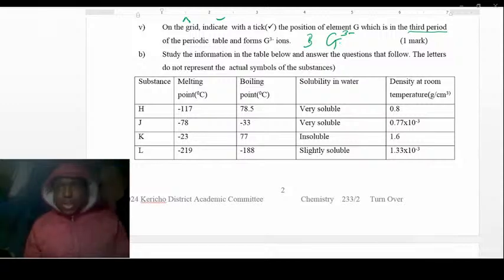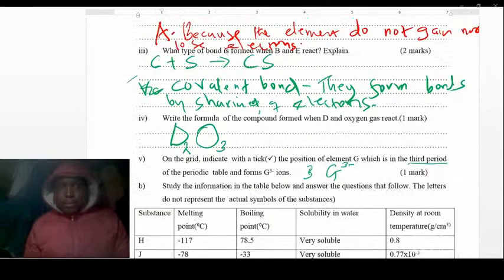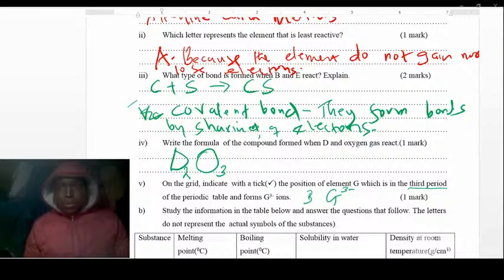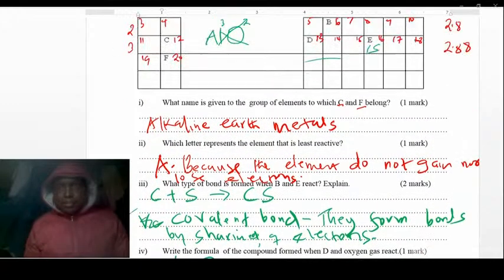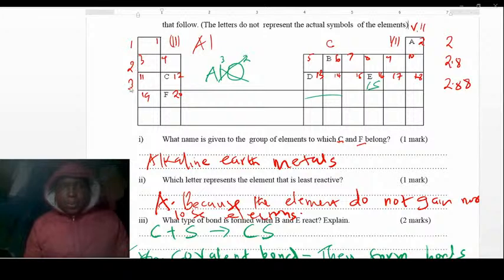So we go to period 3. This is period 1, period 2, period 3. Aluminium will form a positive ion, so the element that forms a negative ion must be here, number 15, because 15 is 2,8,5, that is phosphorus.